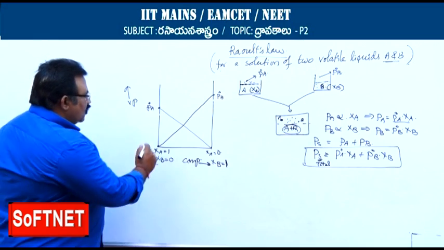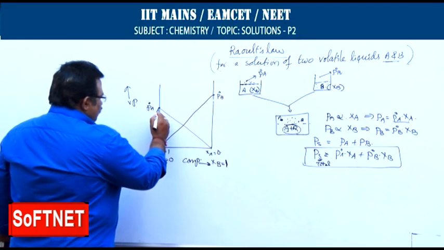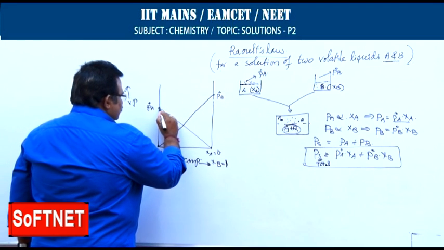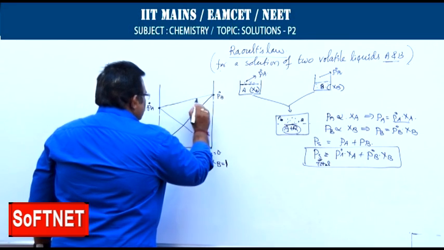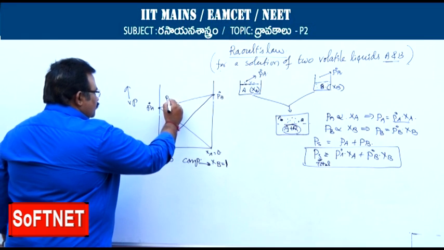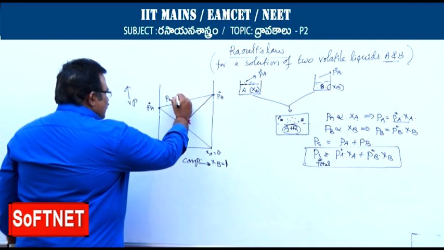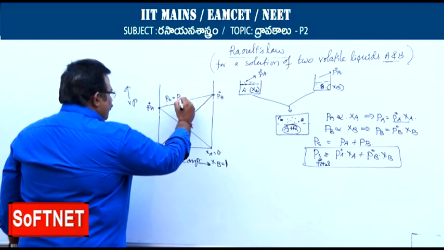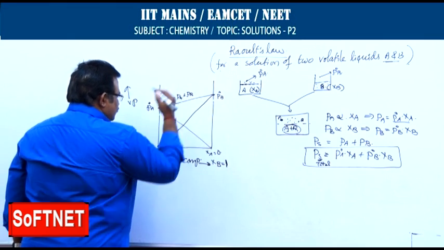Now, the total vapor pressure of the AB liquid mixture is equal to this linear graph. So, total vapor pressure PS is equal to PA plus PB.